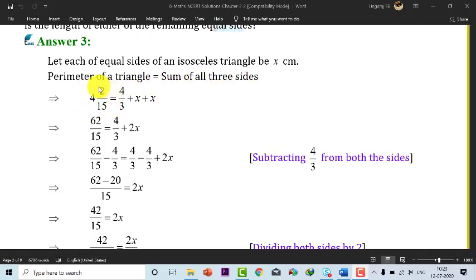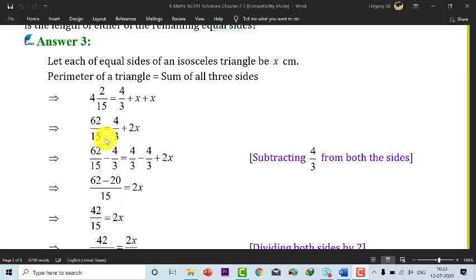Converting this mixed fraction to improper, you will get 62 by 15, because 15 fours are 60 plus 2 is 62 by 15. 4 by 3 remains the same, plus x plus x becomes 2x.